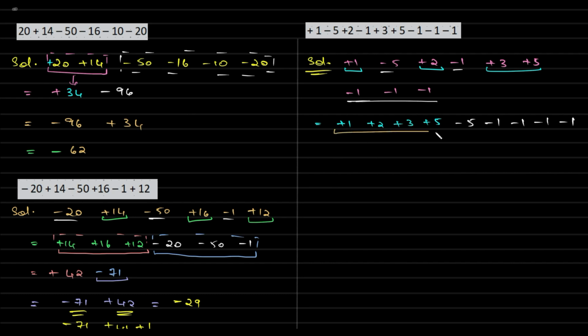Then it's quite simple, adding things up. All the positive signs, since they're of the same sign, I need to add: 1, 2 is 3, 3, 3 is 6, 6, 5 is 11. Group the negative ones, and this too is an operation of addition: negative 5, negative 1, negative 1, negative 1, negative 1, that's 5, 6, 7, 8, 9.